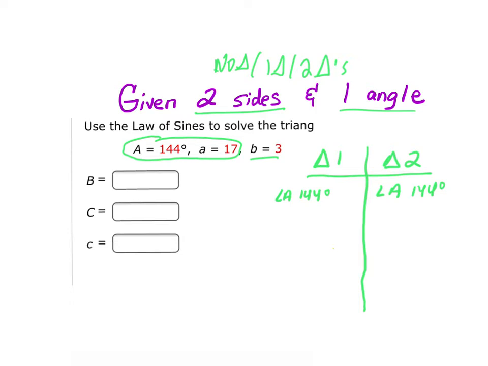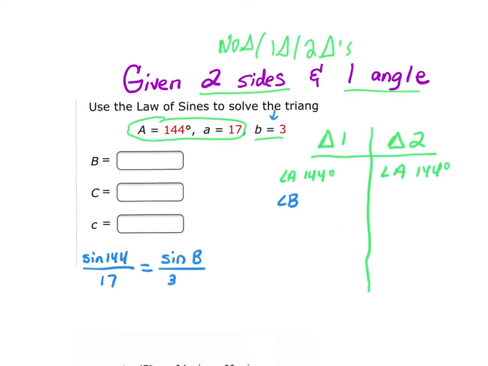So now let's find angle B. The reason I'm finding B is because they gave me side B. I'm going to set up my proportions: sine of 144 over 17 equals the sine of B, which we don't know, over 3. We're using our law of sines.